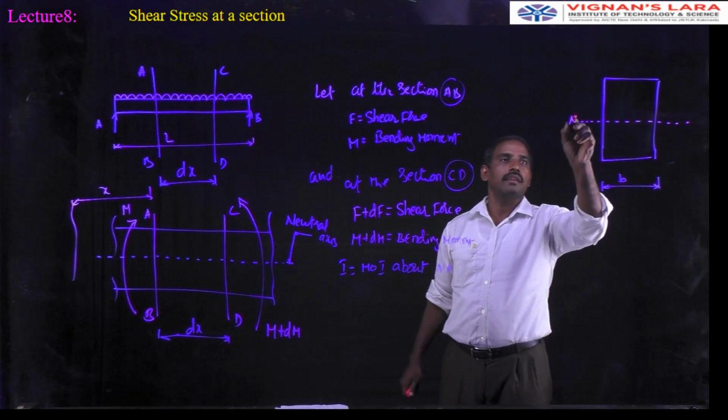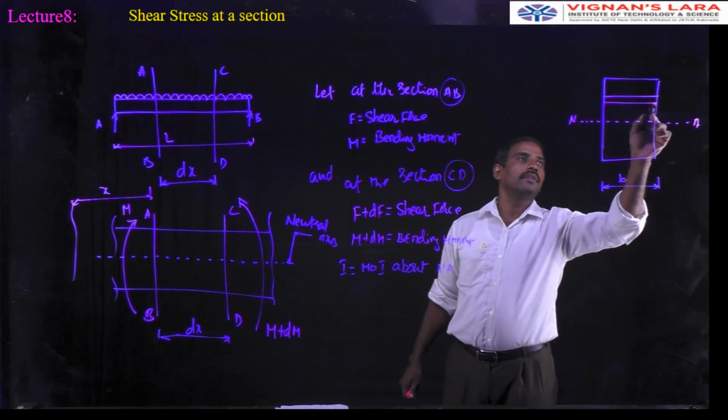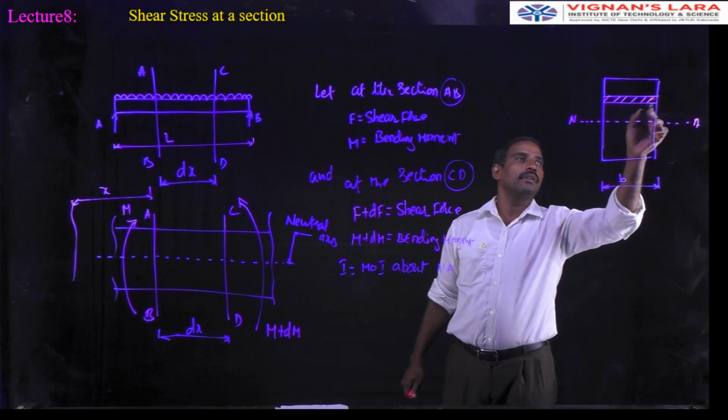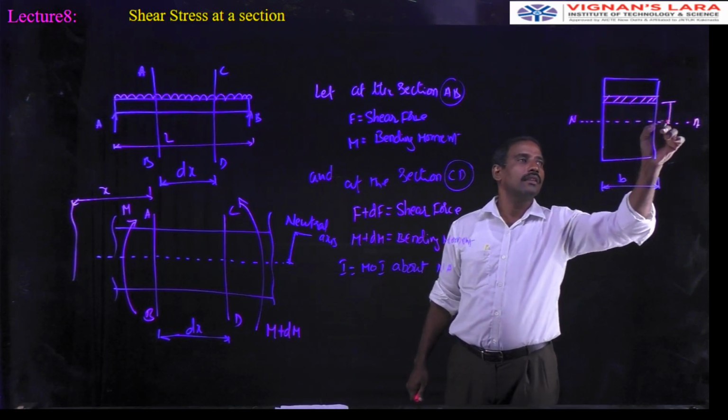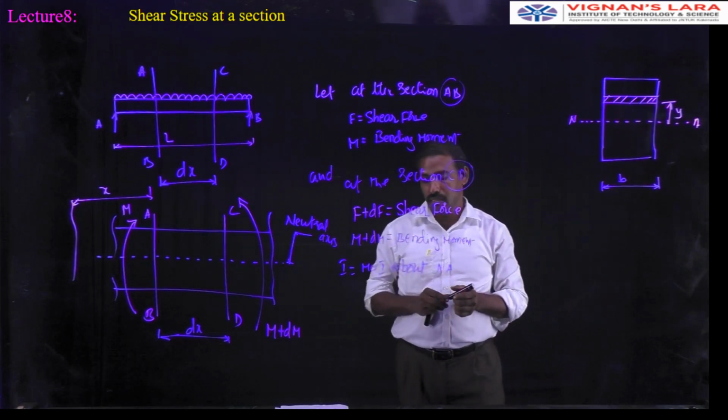Then I would like to consider a strip, as shown in the hatching portion, a strip at a distance y from the neutral axis.